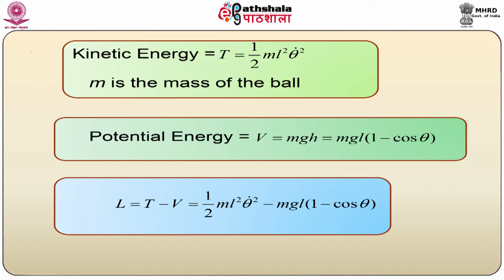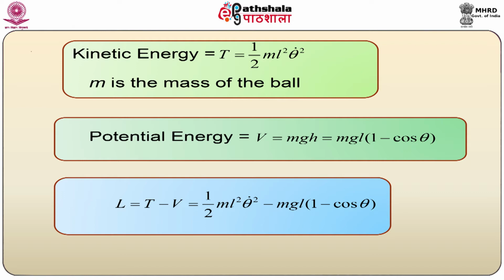It is already mentioned that simple pendulum forms a holonomic dynamical system. So, in this case, Lagrangian is the difference between the kinetic energy and potential energy.